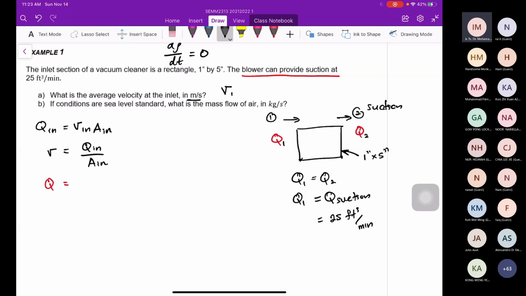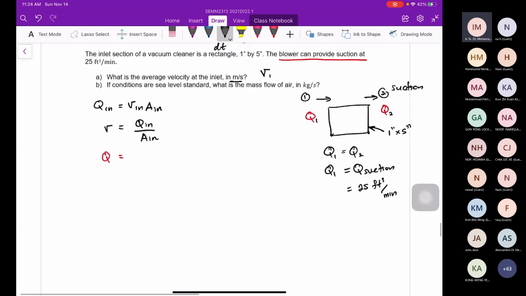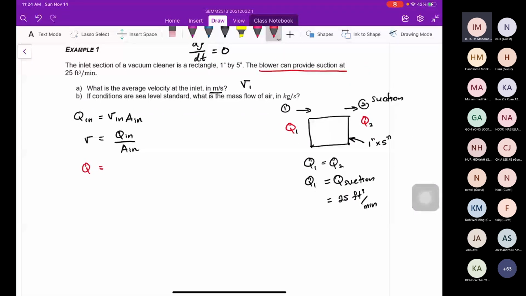Now the question asks for meter per second. I need to convert from feet to meter. So 25 feet cubed per minute multiplied with 1 minute, converted into SI unit, equals 60 seconds.